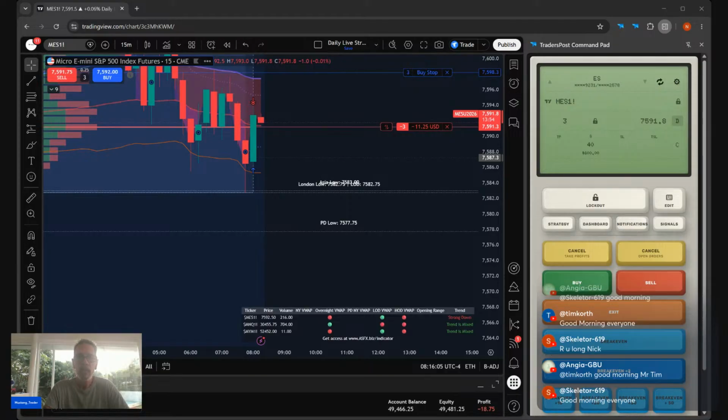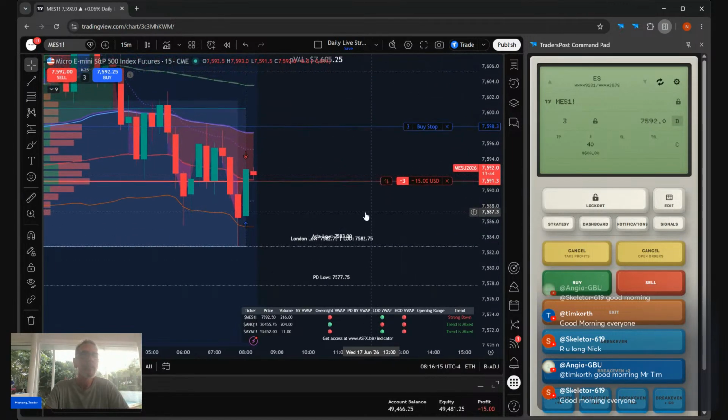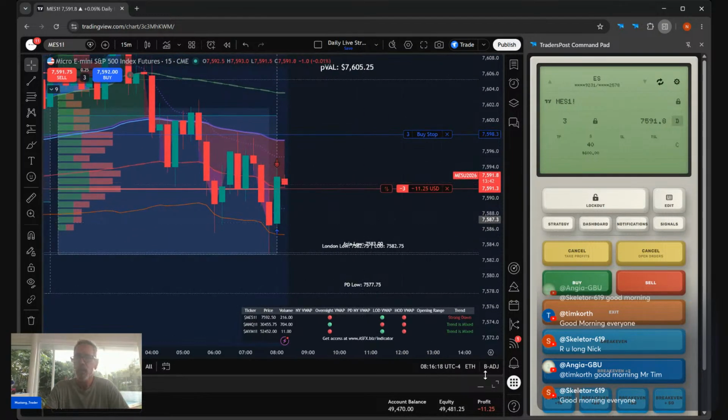Anybody else in the trade right now? Who's long, who's short, who's flat? Tell me a story. Let me know what's going on. Jerry's looking for an entry.